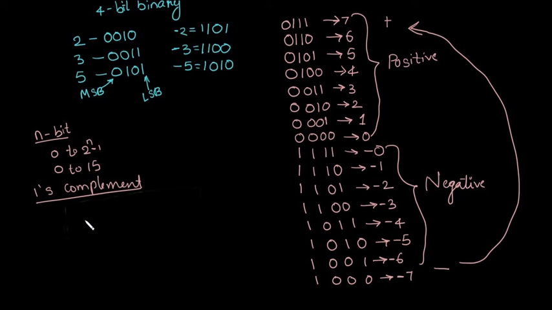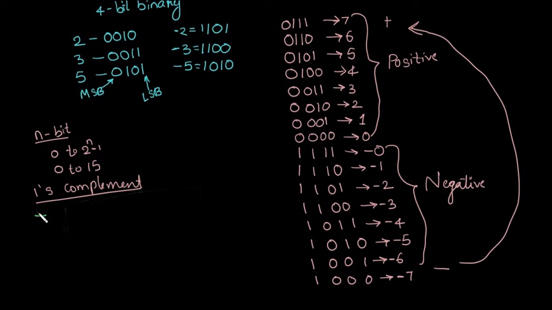So the range in 1's complement number is, before that let us observe a few things. 4-bit binary number represents 16 values, that is 0 to 15, but here the positive values are from positive 0 to positive 7 and negative values are from negative 0 to negative 7. So we have divided it into half. The range that this can represent is divided into two halves.